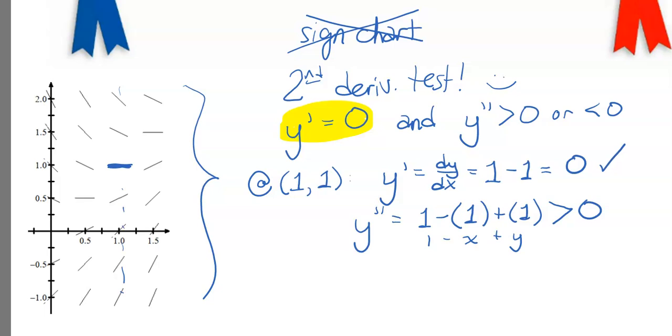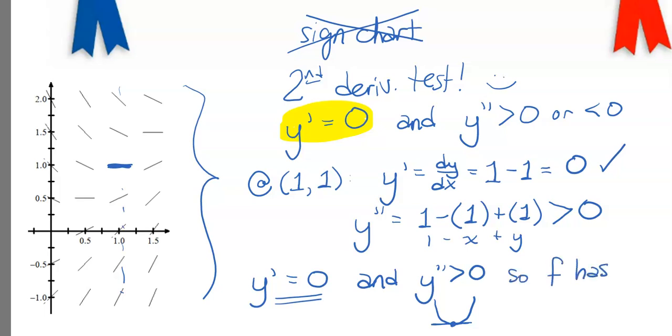And remember, it's those two things together. Y prime is 0, and y double prime is greater than 0. Together, that tells me that my solution curve at this point is concave up, because y double prime is positive, and it tells me that I'm at the bottom of that concave up curve, because y prime is 0.